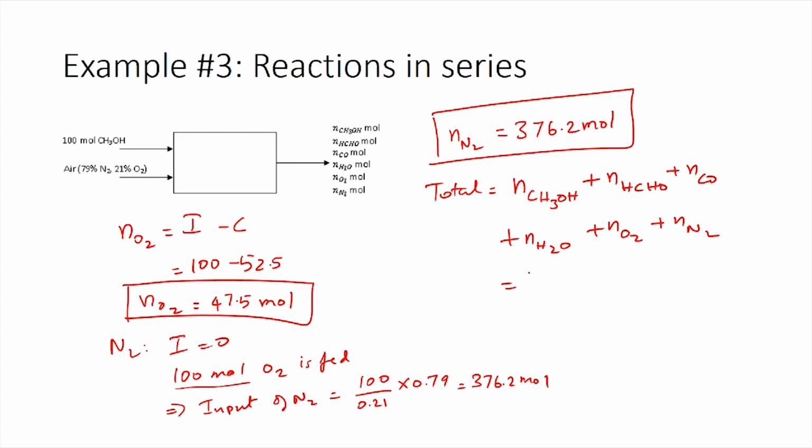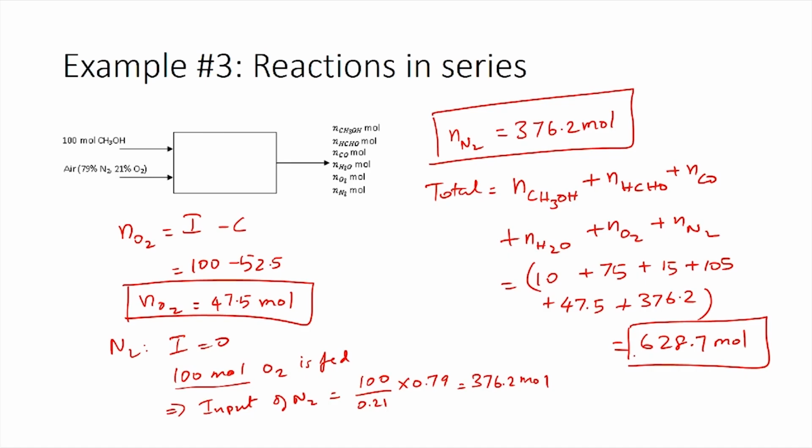Adding all these values, we have 10 plus 75 plus 15 plus 105 plus 47.5 plus 376.2, giving you a total number of moles as 628.7 moles.